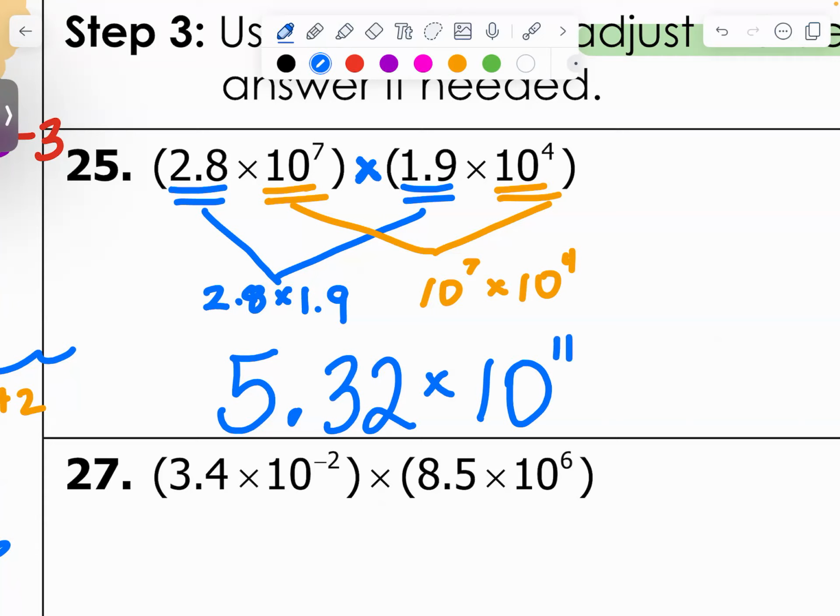Okay, let's talk through what we did. Emma, are you ready? Okay, we took our 2.8 and 1.9. Are you looking up there? We took those two numbers and we multiplied them. Also, we're on number 25. That might help you. So in your calculator, take 2.8 times 1.9.